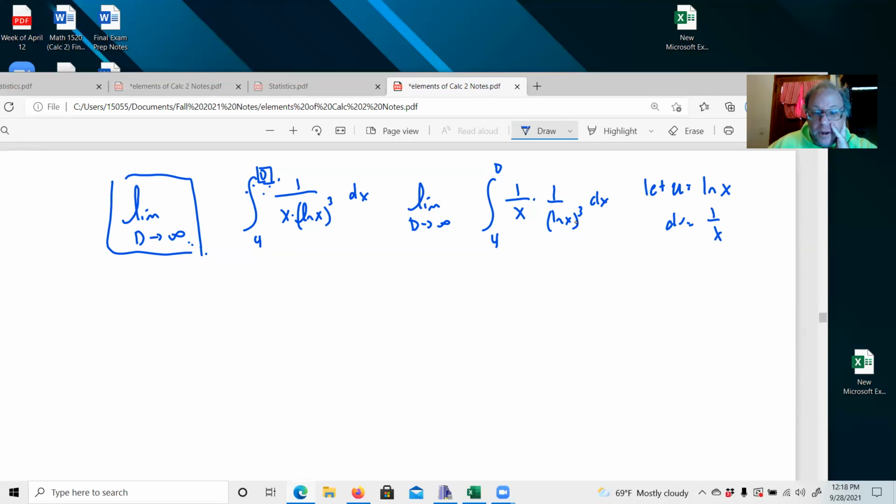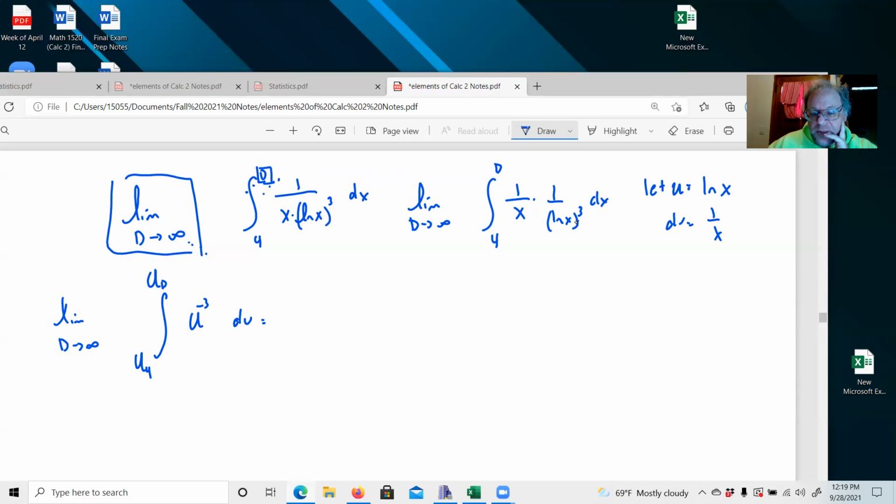We aren't going to worry about changing the limits, so we'll go with whatever u was at 4 and whatever u is at D, limit as D goes to infinity. This is u to the -3 times 1 over x dx, that's du.